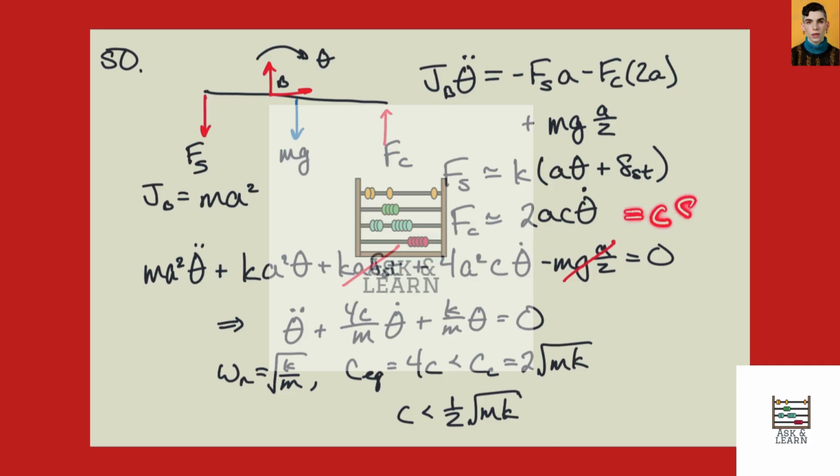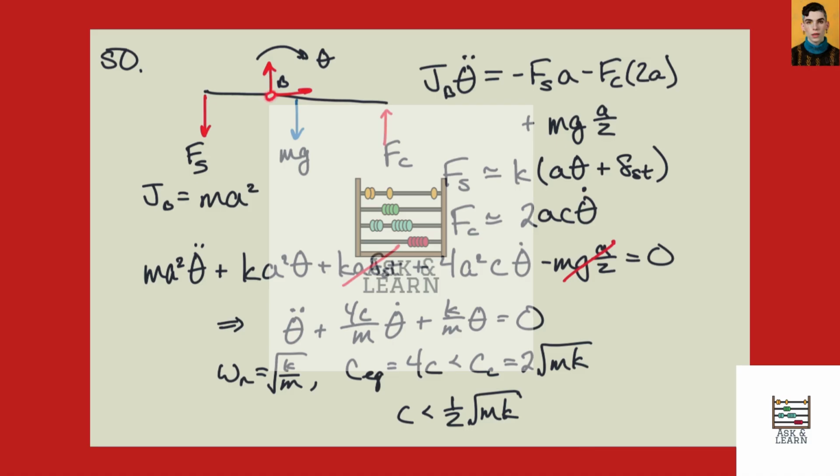So it's c times delta dot, and the change in length is roughly 2a theta, because the arm here is 2a. Taking a time derivative, we get 2a theta dot, multiply it by c, and we get an approximation for what force we have in the damper here.